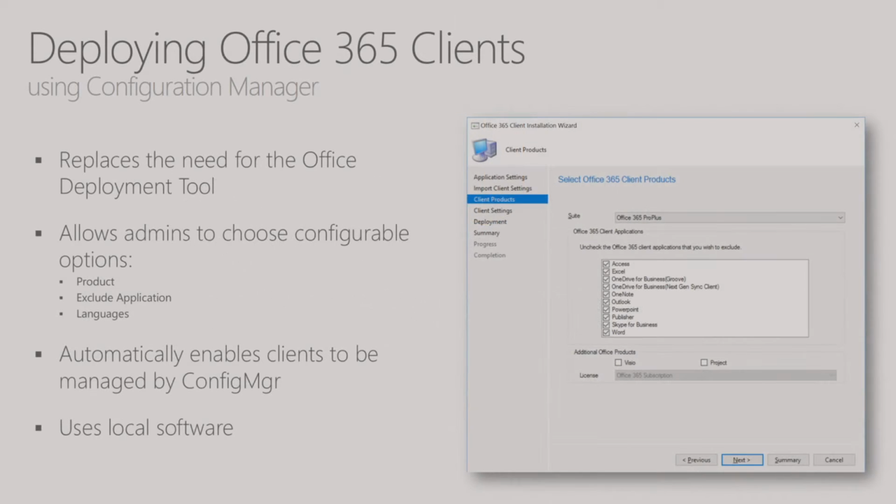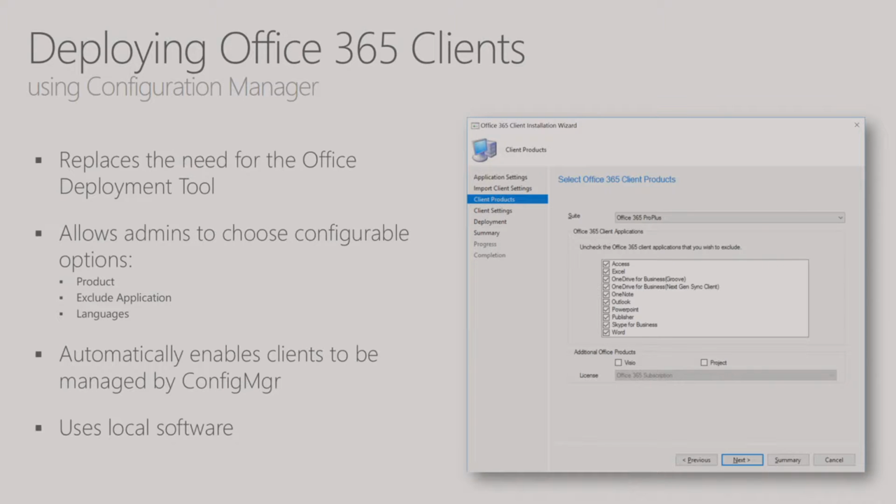So to be able to do your initial deployment, we introduced in the 1609 technical preview the ability to take what we've traditionally done with what we call the Office Deployment Tool and take the overall set of configuration files and put them into this particular wizard that has the majority of the settings that you would typically configure in the XML file.